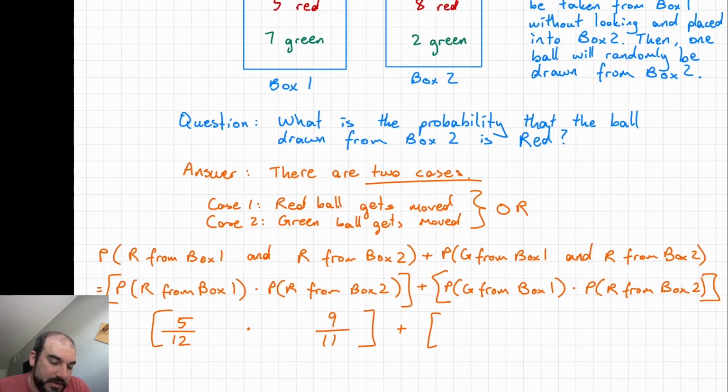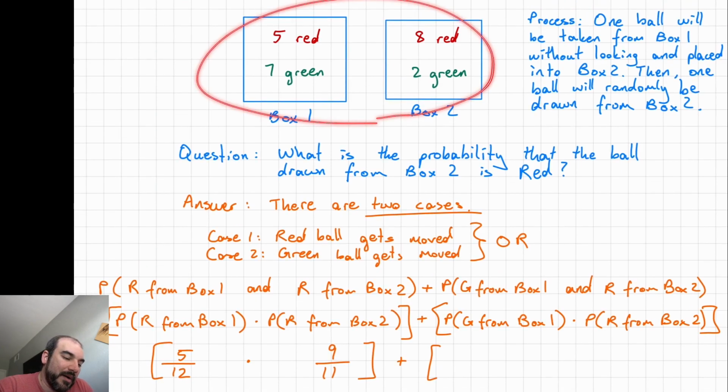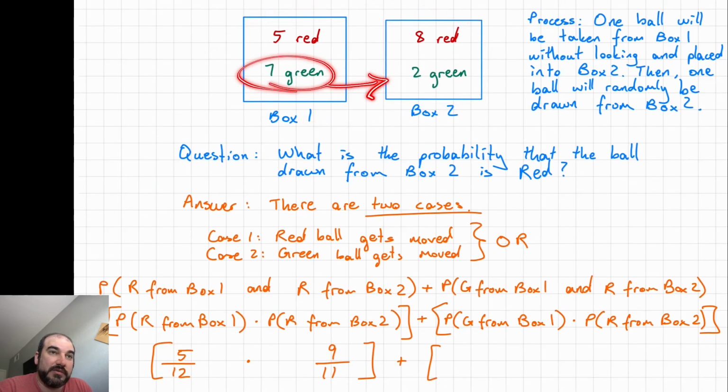Okay, so then let's do the second part and see. What's the probability that we get a green from box 1? Now we're resetting because it's a totally different case, right? So the ball is no longer moved. Everything is back to its original state. What's the probability that a green gets moved from box 1 to box 2? 7 out of 12, perfect.